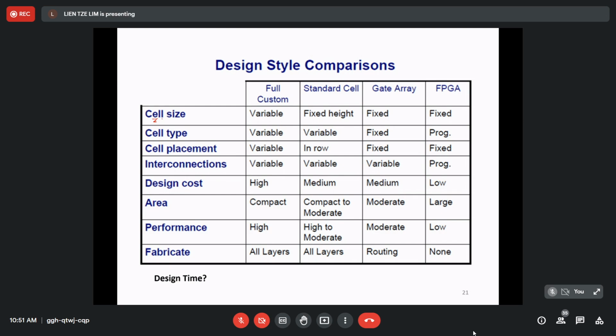I'm not sure whether you still remember when you used the Electric VLSI software to design a circuit. A circuit can be logic gates like a NAND gate, AND gate, OR gate, inverter. You need to create a cell, and that cell represents a logic gate or a circuit.